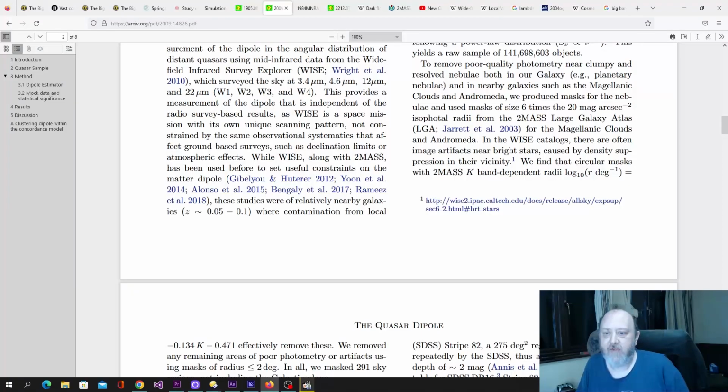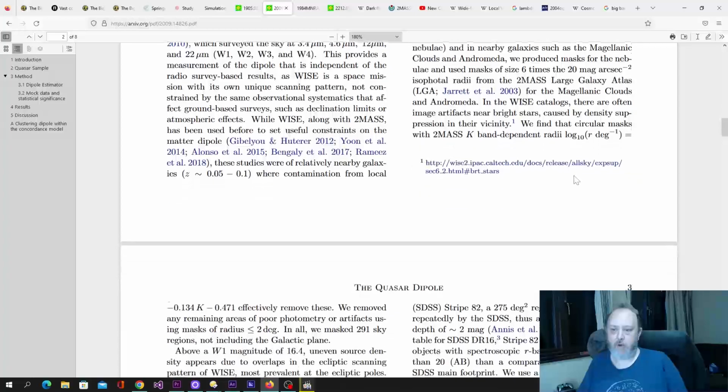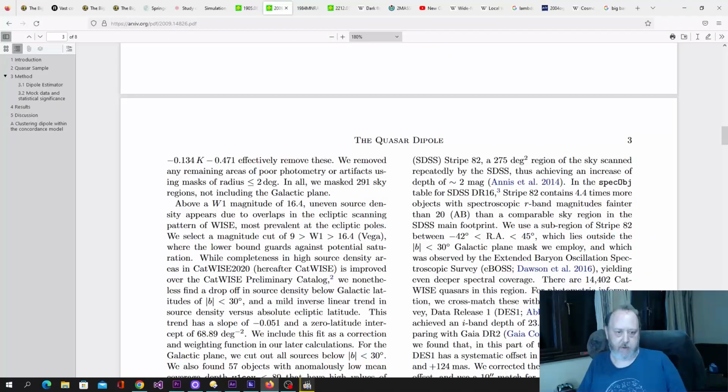In the WISE catalog, there are often image artifacts near bright stars caused by density suppression in their vicinity. We find that circular masks with 2MASS K-band-dependent radii effectively remove these. We removed any remaining areas of poor photometry or artifacts using masks of radius less than 2 degrees.